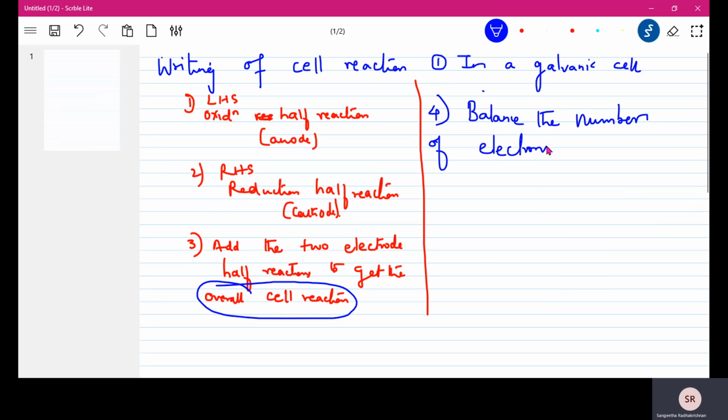You have done simultaneous equation, so you know that when you will have same number of electrons in both the reactions, they will get cancelled off. And that is what we want. We don't want any electrons in the final reaction. So you will balance the number of electrons and cancel them so that no electrons appear in the overall reaction.